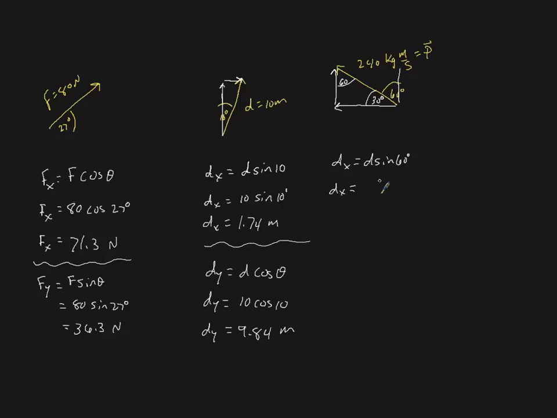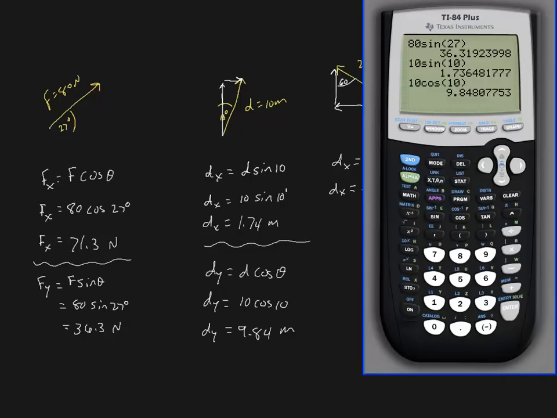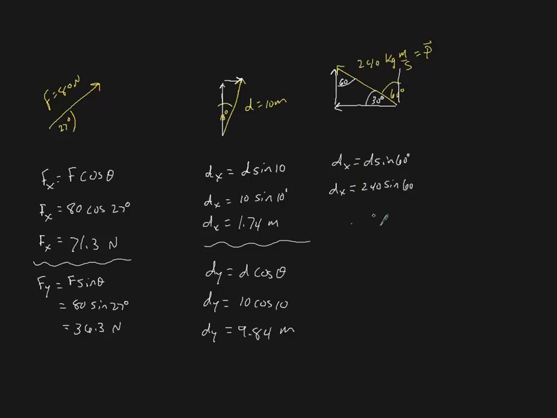So dx is equal to 240 times the sine of 60. That's going to be 207.8. So dx is equal to 207.8 kilograms meters per second.